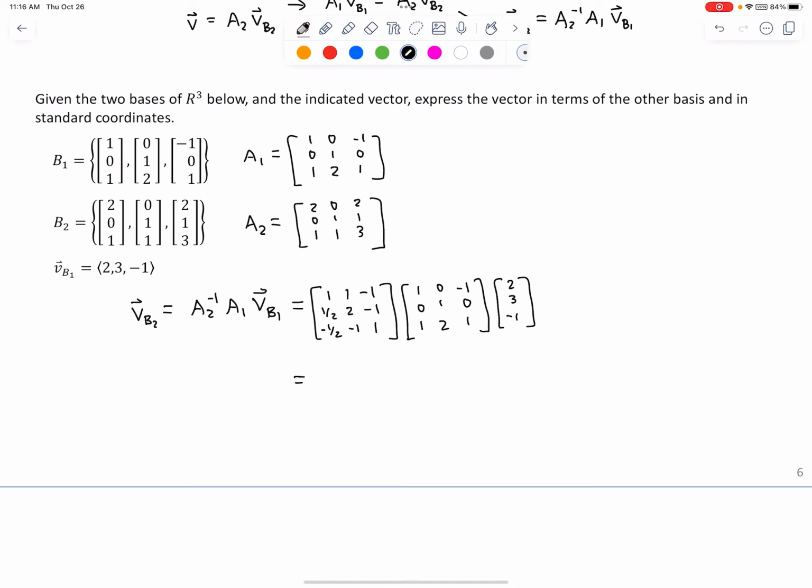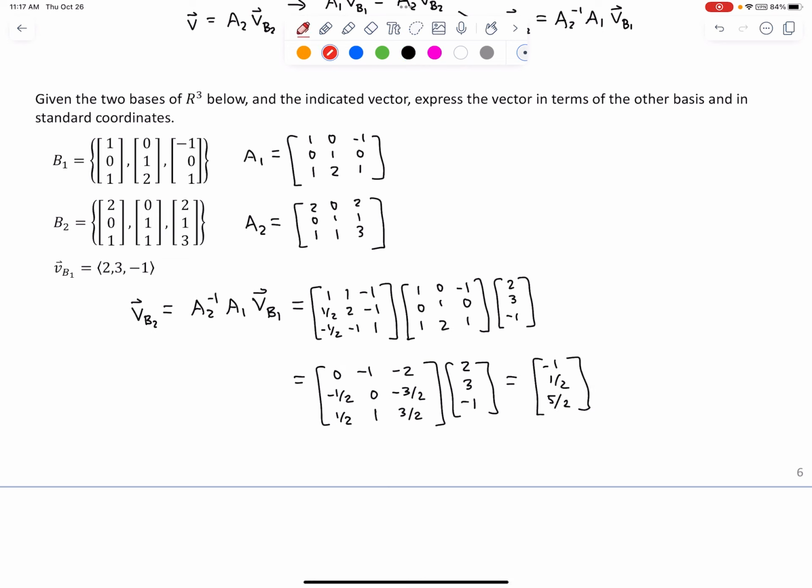I'll go ahead and multiply the two matrices together first, producing this 3 by 3 matrix, and then multiply by the B1 coordinates. And in the end, this gives us the vector -1, 1/2, 5/2.